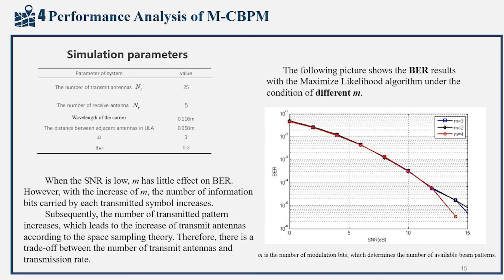Therefore, there is a trade-off between the number of transmit antennas and transmission rate. It is lucky that there are a very large number of transmit antennas in massive MIMO systems, which ensures both reliability and validity of transmission.